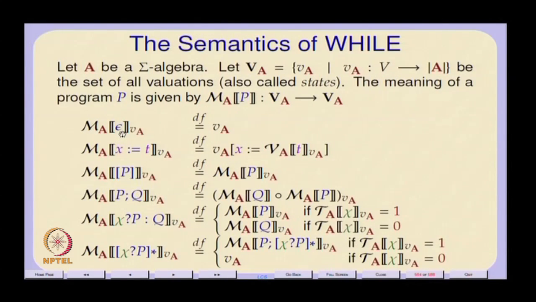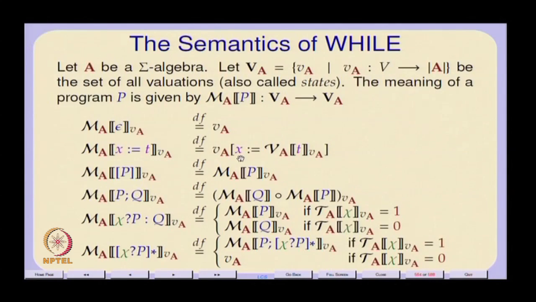So, the empty program just leaves the state unchanged. The assignment creates a new state in which the new valuation is exactly the same as the old valuation, except possibly for the value given to x.